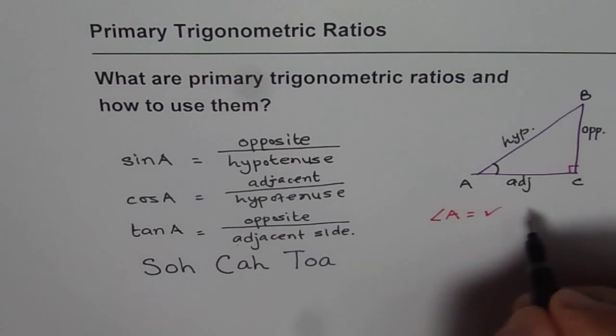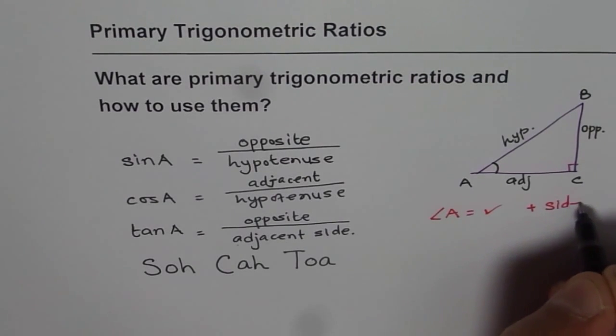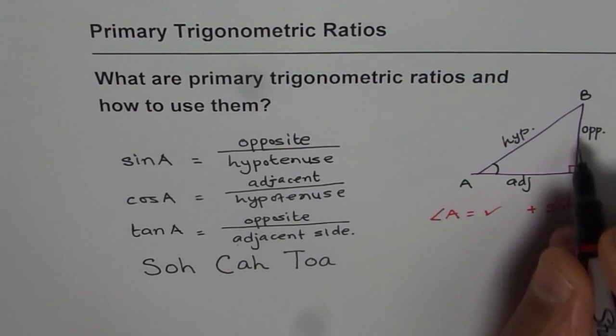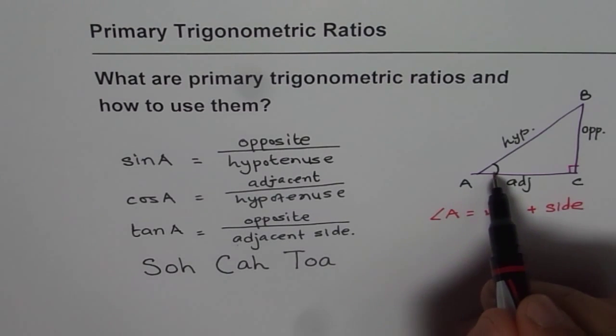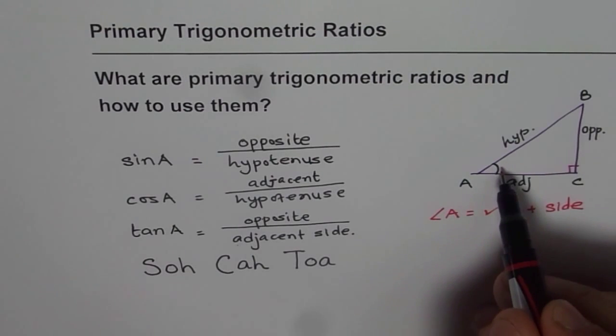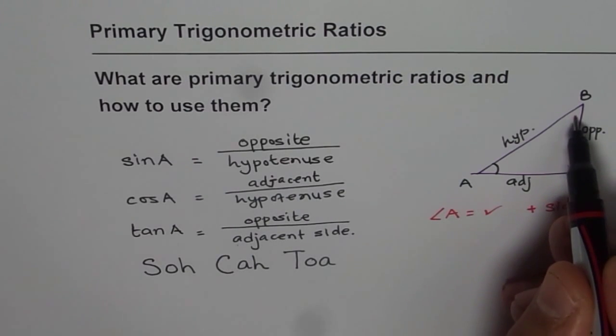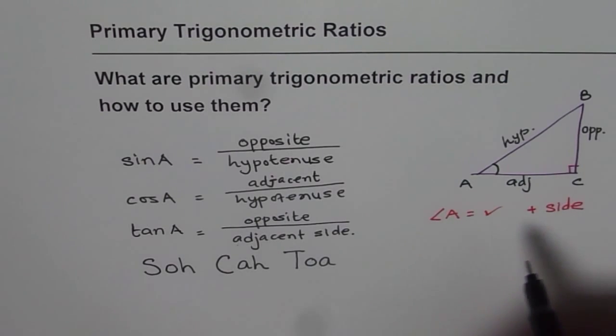So angle A plus one side is known to us, we can solve the triangle. That means if angle A is known to us, we can find angle B. Since the sum of these three angles is 180 degrees, B should be 180 minus 90 minus angle A.